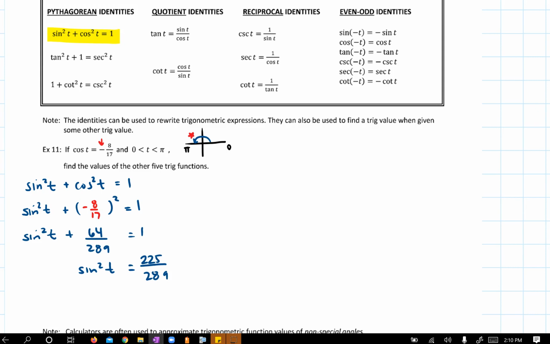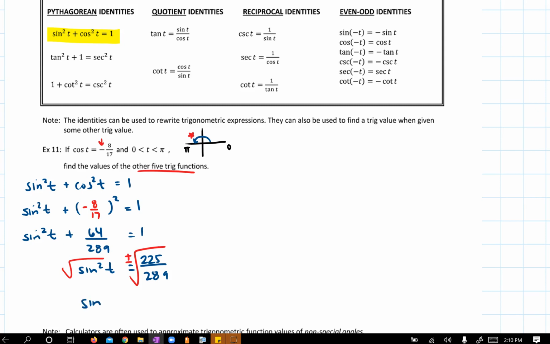Remember, we have to find the values of the other 5 trig functions. So at this point, this is giving us an idea of what sine of t will be. If I'm going to solve for sine of t, I need to take the square root of both sides. With a little bit of algebra, we do have plus or minus, but we'll talk about this in a second.